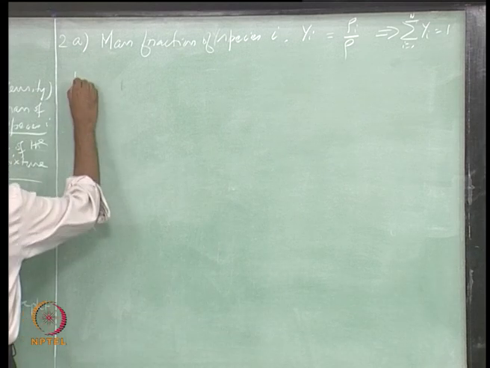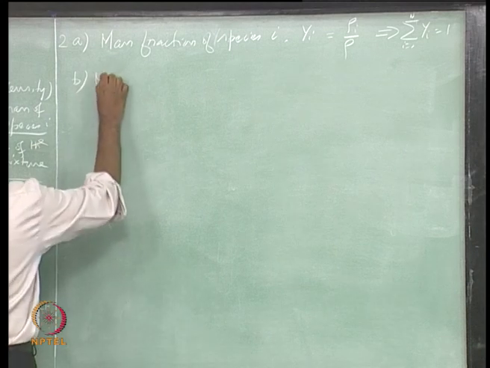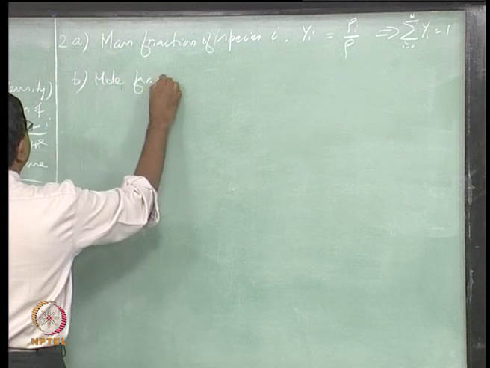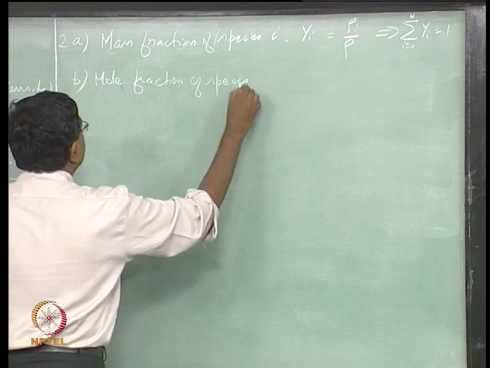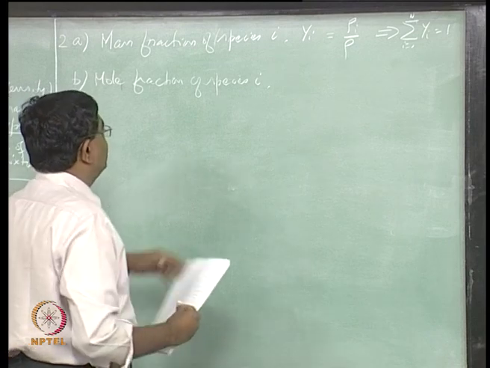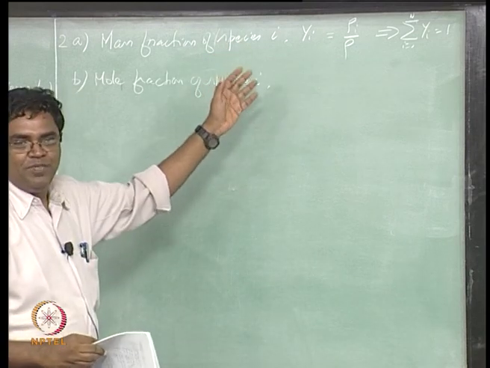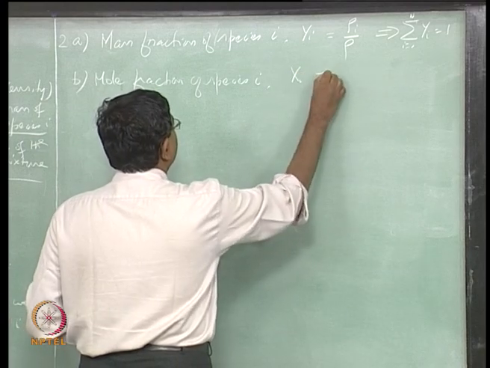So similarly, for B, we could now say mole fraction of species I. The only thing that we are doing now is we know the trick, what we want to do, right? The only thing we are doing is introducing the standard notation.